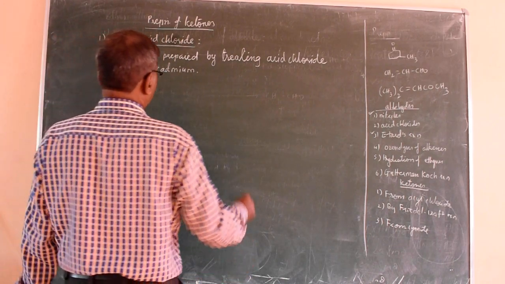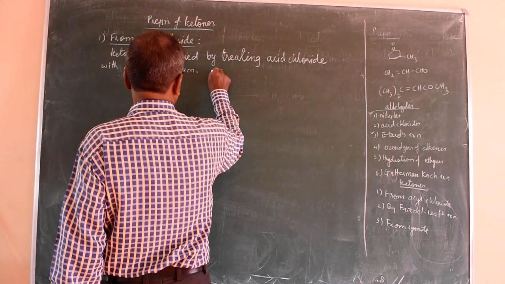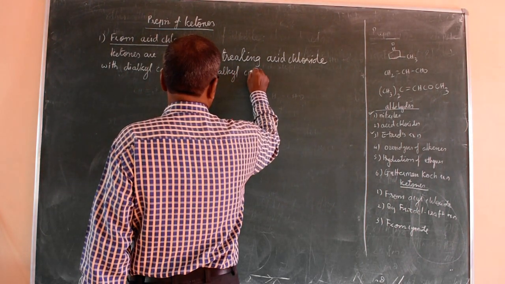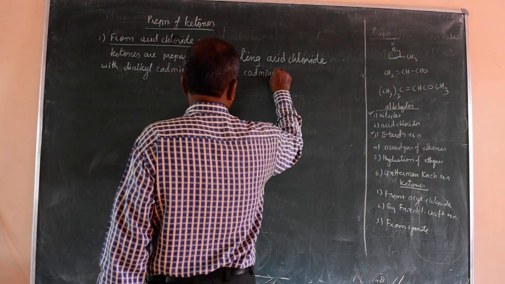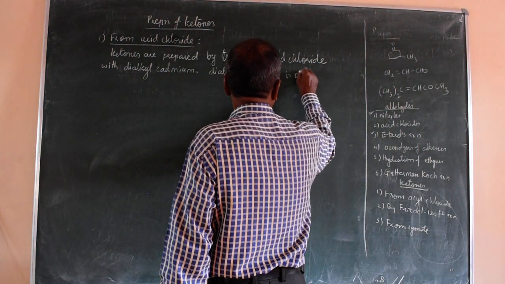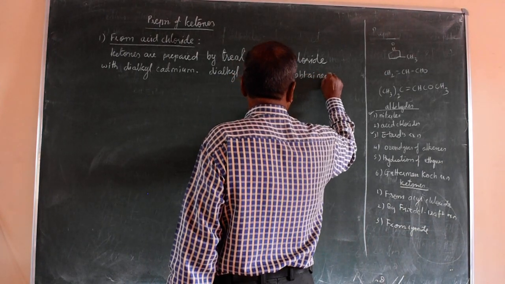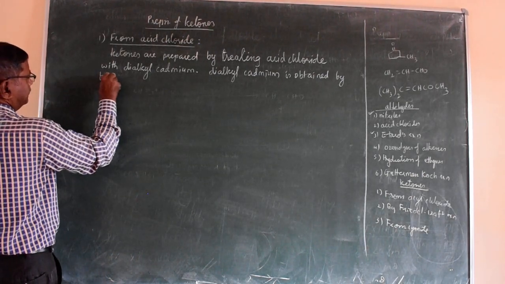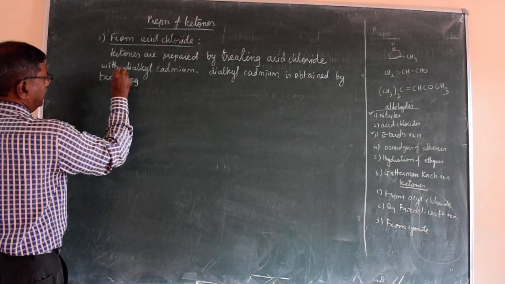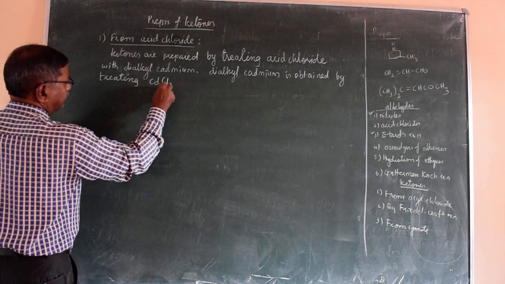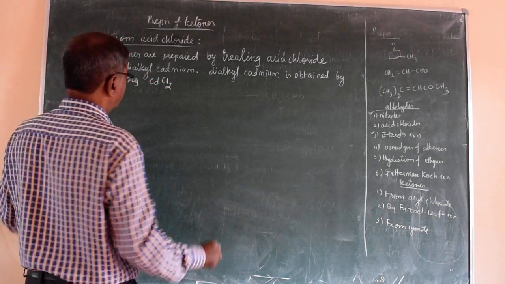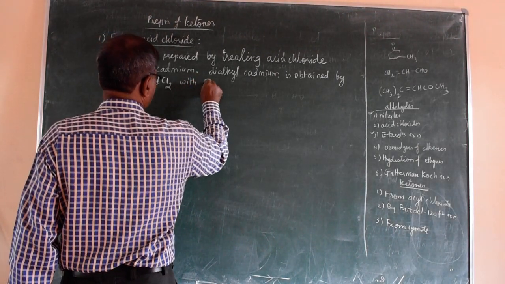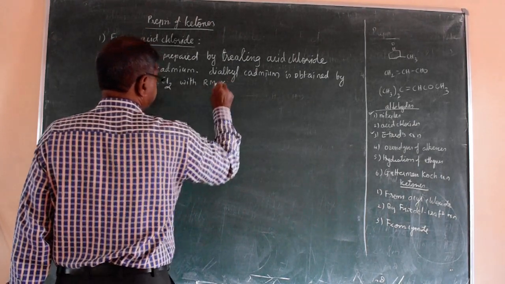Here the dialkyl cadmium is obtained by treating cadmium chloride, CdCl2, with Grignard reagent. We know it's RMgX.